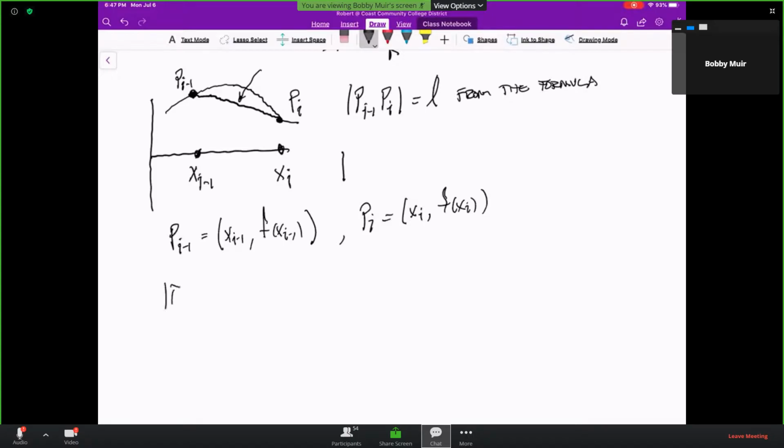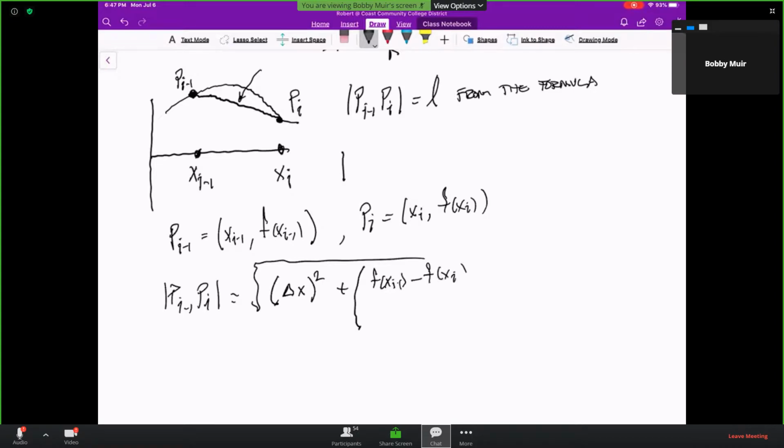Okay, so the distance from here to here is just the straightforward distance formula. So it's the difference in the x's squared. Well, xi minus xi minus 1, that's delta x. And then this one, I'm not going to reinvent the wheel. This is the same exact thing we did.